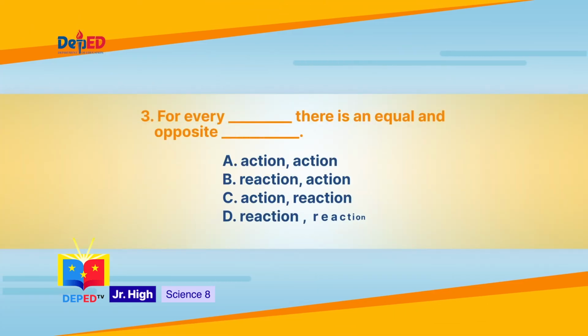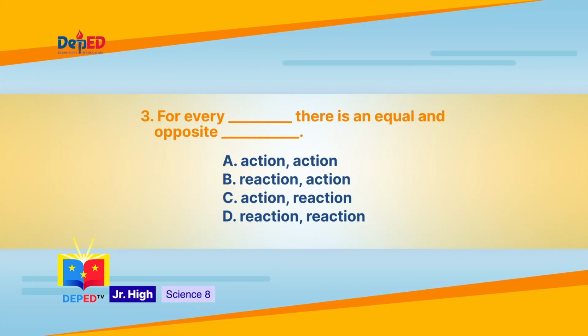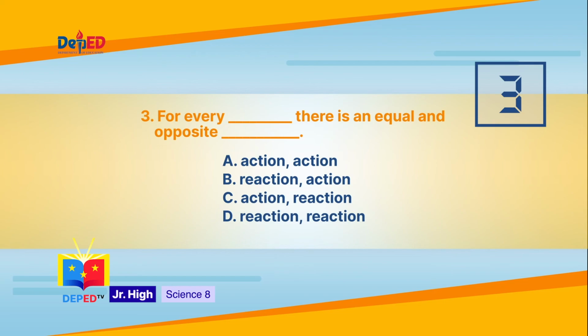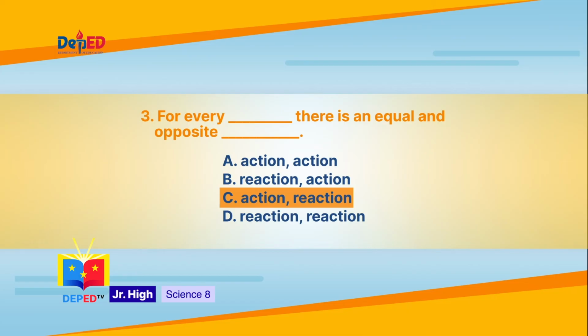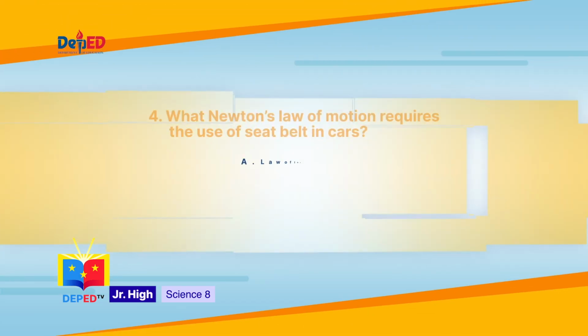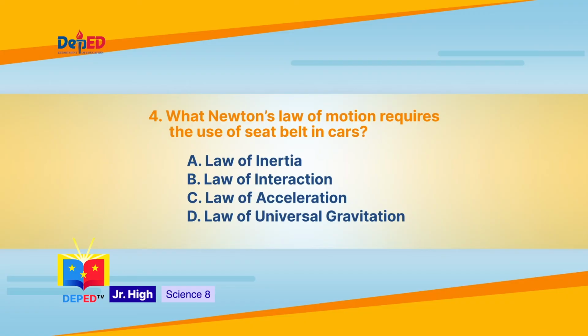For every blank, there is an equal and opposite blank. A. Action, action. B. Reaction, action. C. Action, reaction. Or D. Reaction, reaction. What Newton's law of motion requires the use of seatbelt in cars? A. Law of inertia.